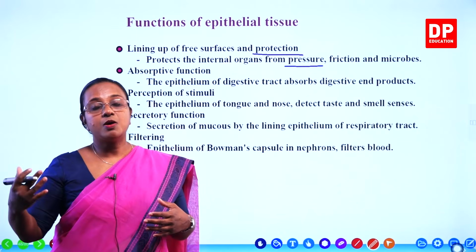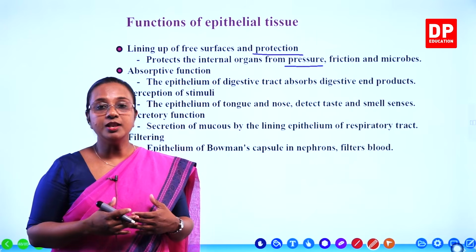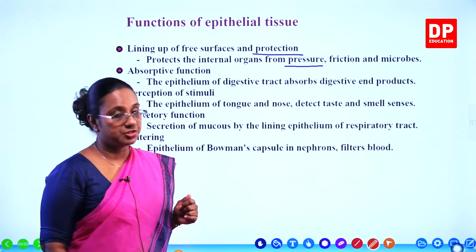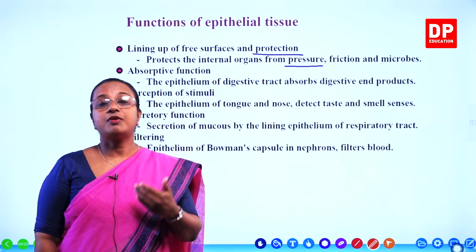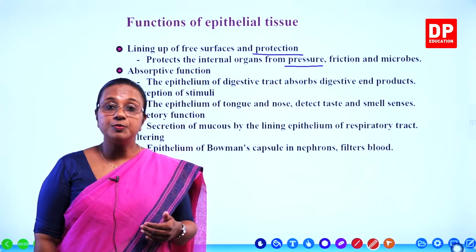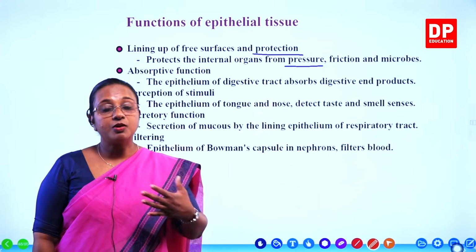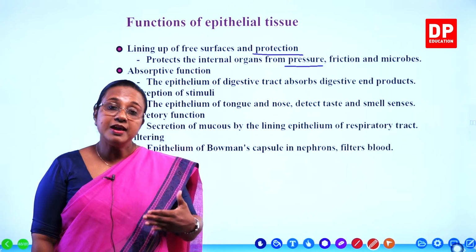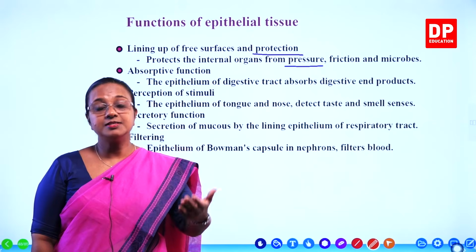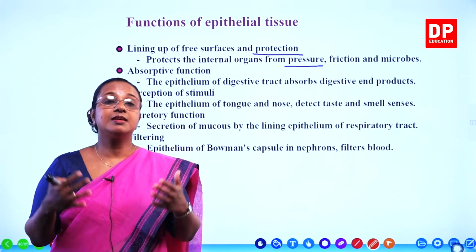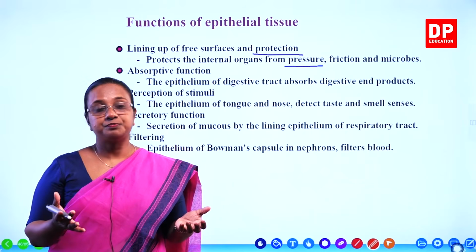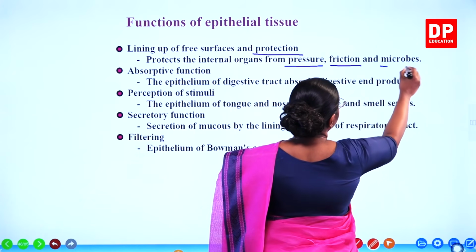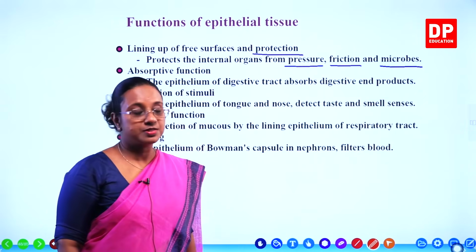When your hand gets rubbed against a wall, the skin protects the internal organs from friction and also from pathogens, the microorganisms that cause diseases. So skin prevents the entering of these pathogens into our body to its maximum level. Therefore, we get protection from pressure, friction and microbes.